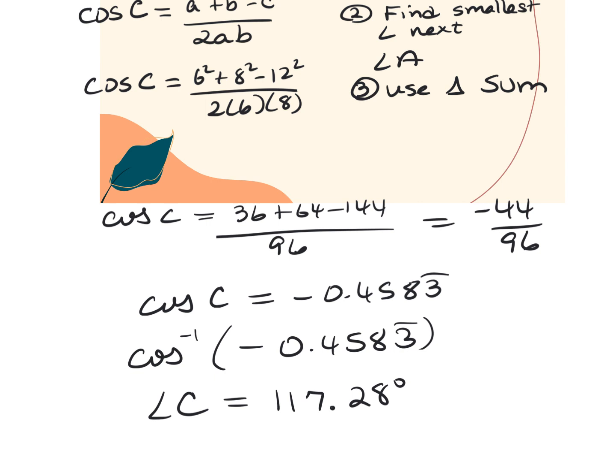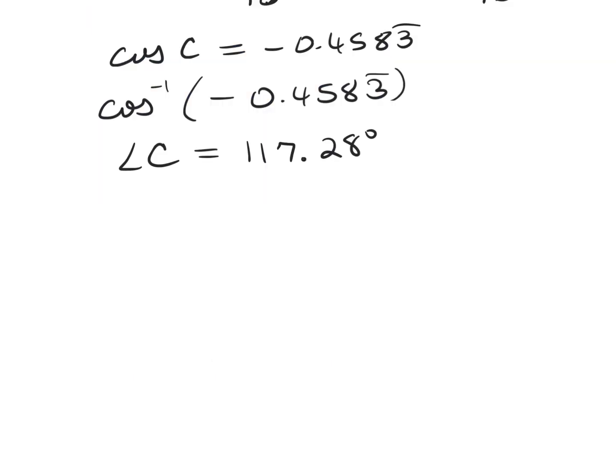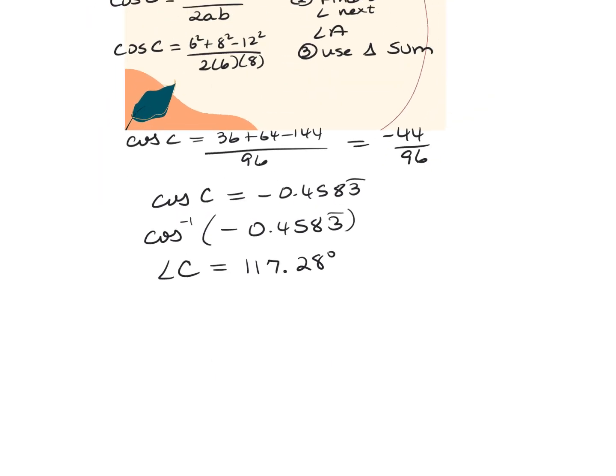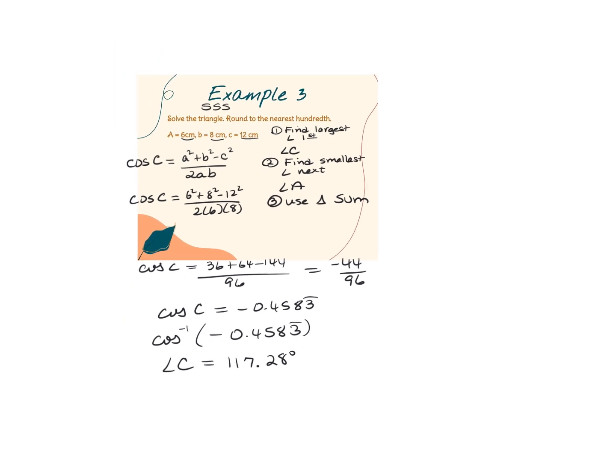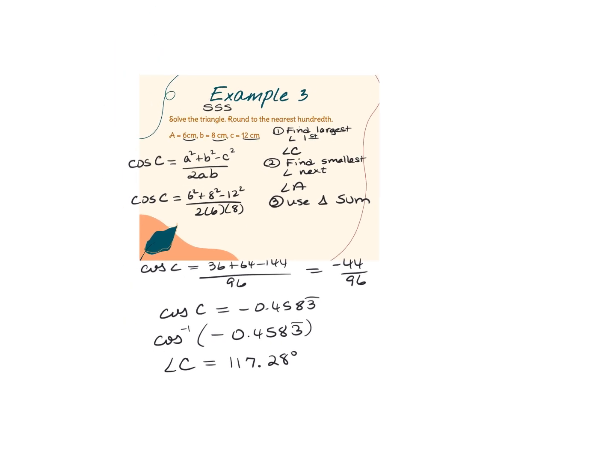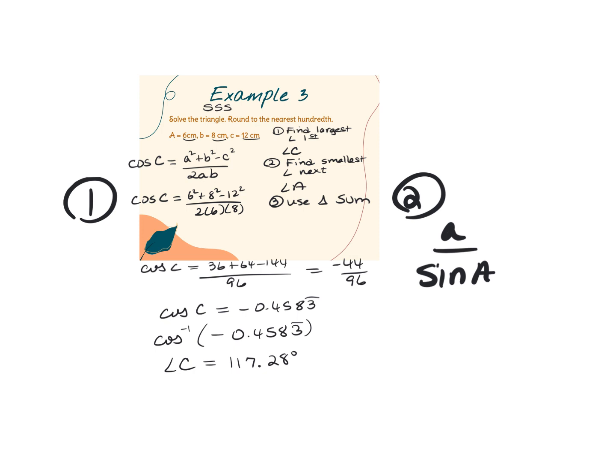Now I'm going to find the smallest angle. So this was step 1. Step 2, I'm going to use that angle I just found, and my smallest angle is A. So I'm going to be doing sine A over the sine of A, and then C over the sine of C. Technically, if you find B, you're going to get it right in this scenario.